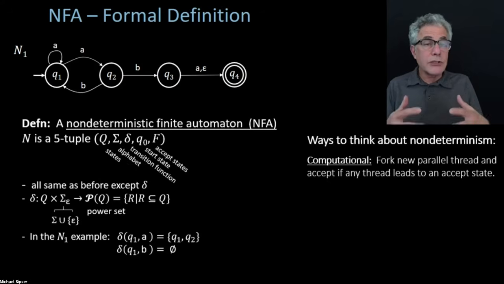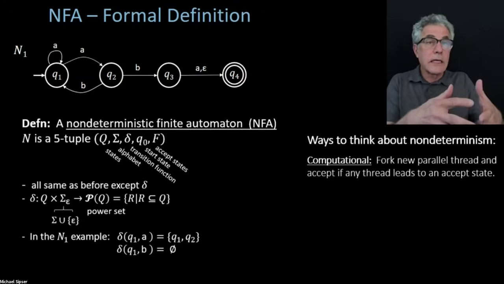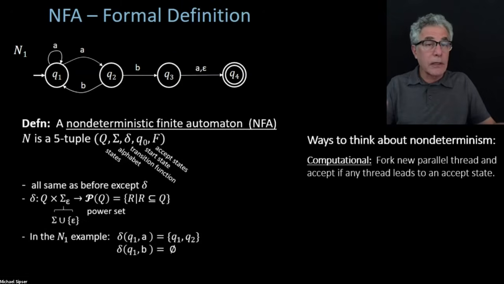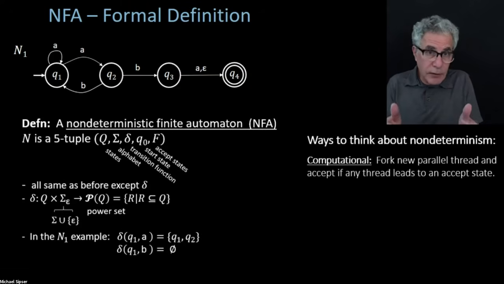Every time the machine has a non-deterministic choice to make, where there's more than one outcome, you think of the machine as forking new threads of the parallel computation at that stage, where it makes an entire copy of itself when there's a choice of possibilities. Each of those independently proceeds to read the rest of the input as separate threads of the computation. If you're familiar with parallel computing, this should be reasonably familiar to you.